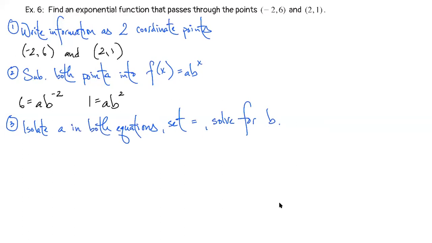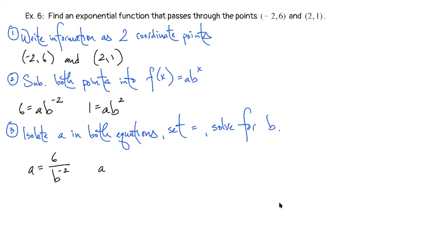So if I take the first equation and get a by itself, I'm going to divide both sides by that b to the negative 2. So that's going to give me a equals 6 over b to the negative 2. When I do the same thing with the 1 equals ab squared, I'm going to get a equals 1 over b squared. Okay.